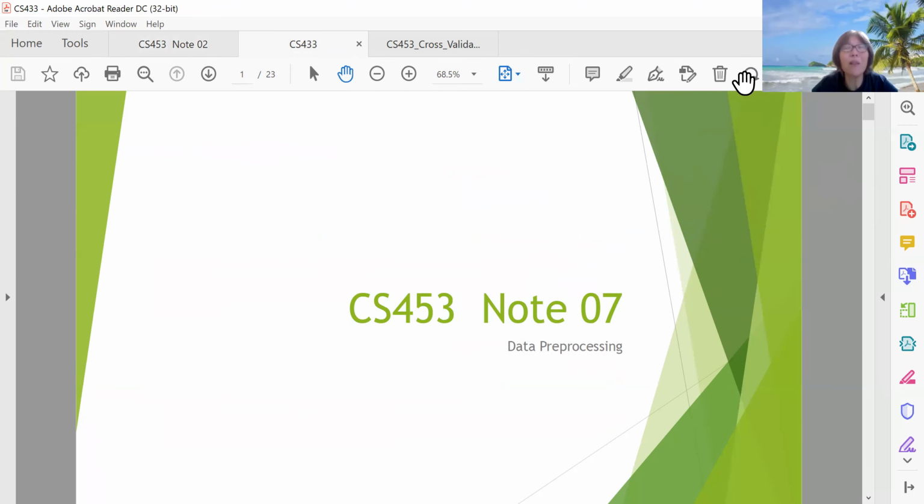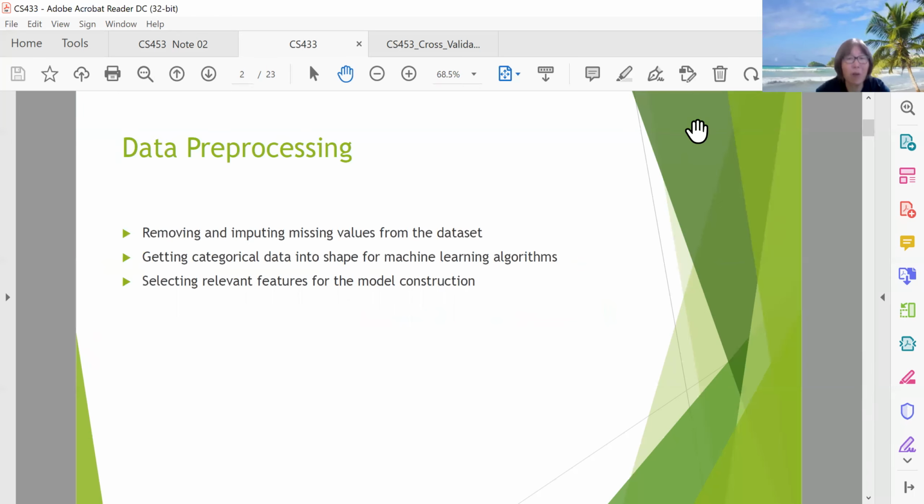And the next part we want to discuss is data pre-processing. This is not just for KNN, it's generally speaking. The first is missing values from the data set.